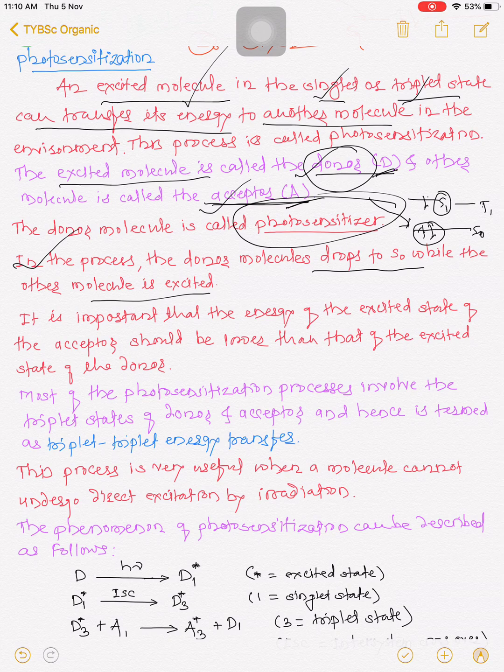If it is T1, it transfers energy to another molecule and drops to the ground state by giving energy. So this donor molecule in the S1 state, by releasing energy to another molecule, drops to a lower energy state. So the donor molecule drops to S0 while the other molecule which absorbs energy gets excited.